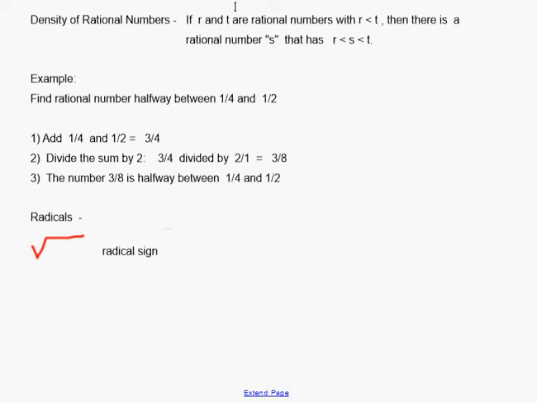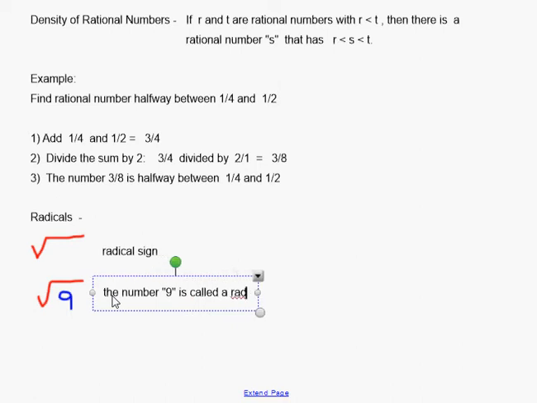And if we put something inside that radical, say I put in the number 9, the number 9 is called a radicand because that is the number inside the radical.